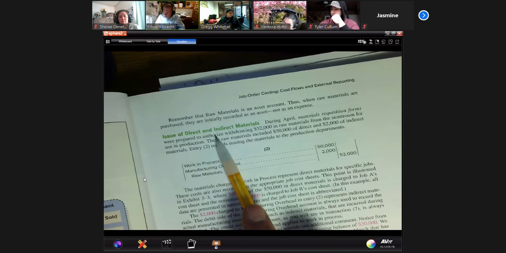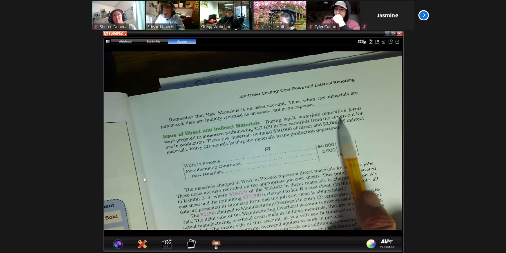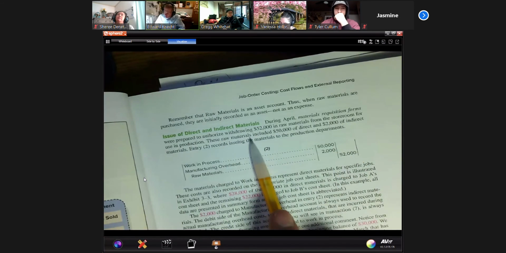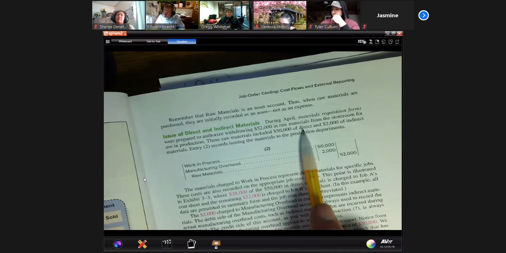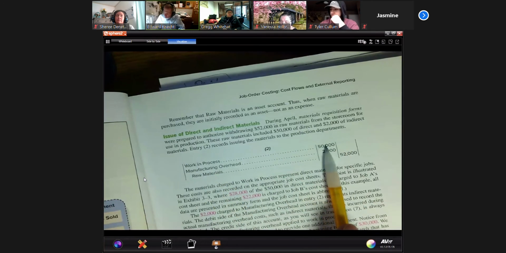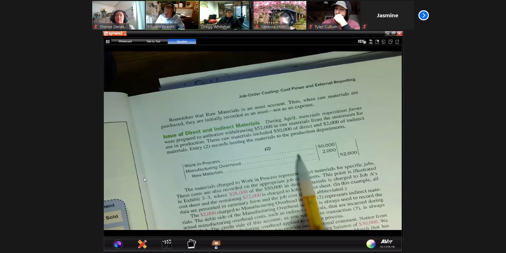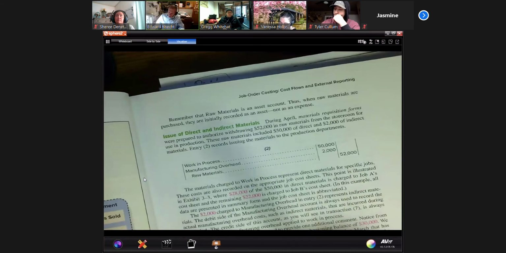We're prepared, authorized withdrawal of 52,000 in raw materials from the storeroom. The raw materials included 50,000 of direct materials, 2,000 of indirect materials. So notice the direct materials get debited to work in process, but the indirect materials get debited to manufacturing overhead. And then they credit the raw materials inventory 52,000.